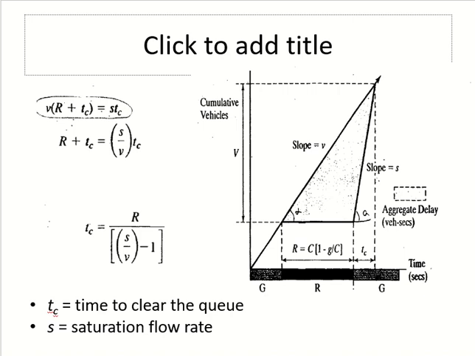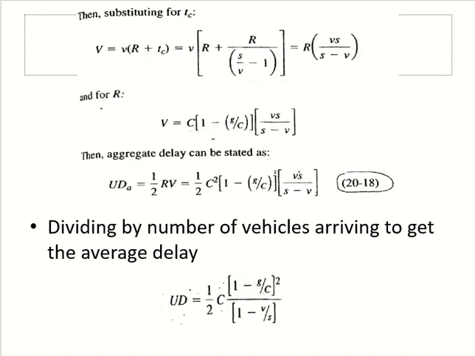I can put both these equations in the V equation. Capital V is the number of vehicles in the queue, which equals small v into R plus TC. If I put both these equations, V becomes this.